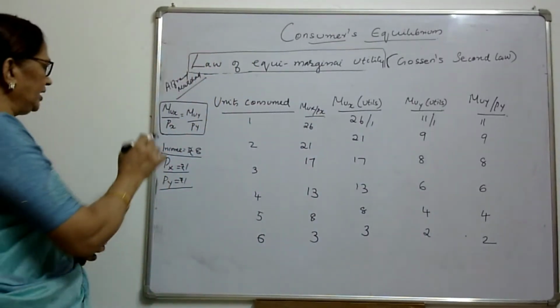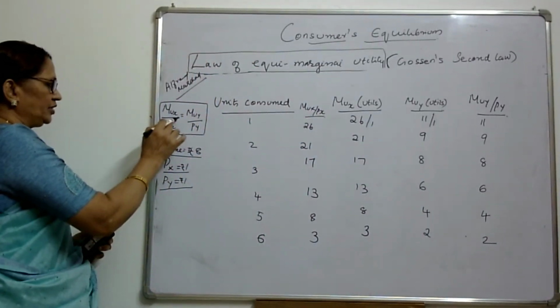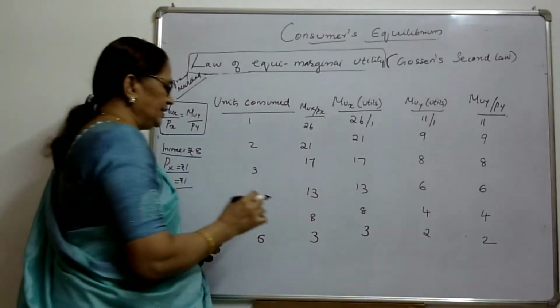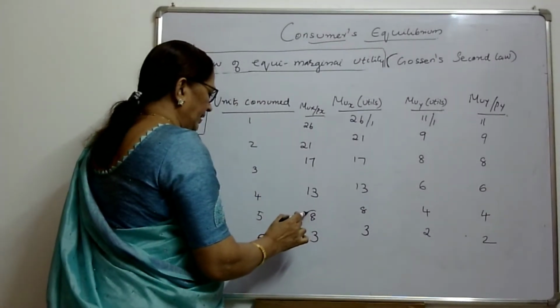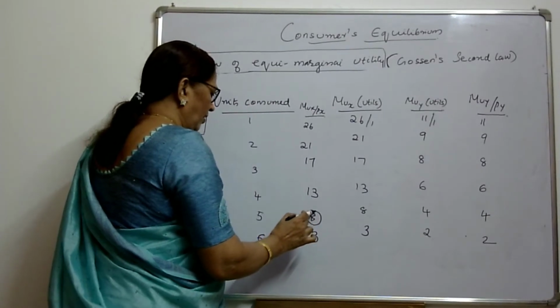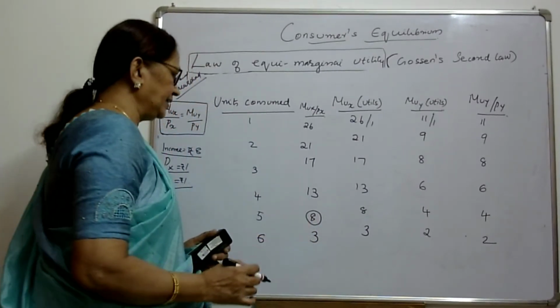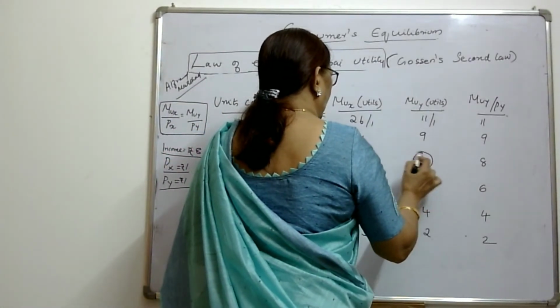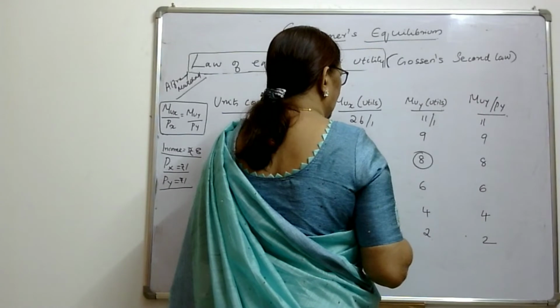Now, what is the condition to be satisfied? MUx by Px should be equal to MUy by Py, and it should be equal to income. And where is this achieved? When the consumer consumes 5 units of X and 3 units of Y. Okay?